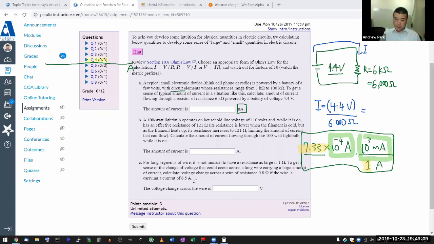And this is the exponent algebra rule. These are two of the common rules that you see.